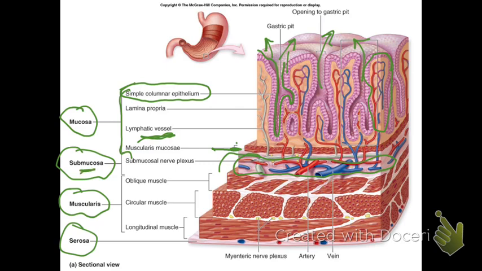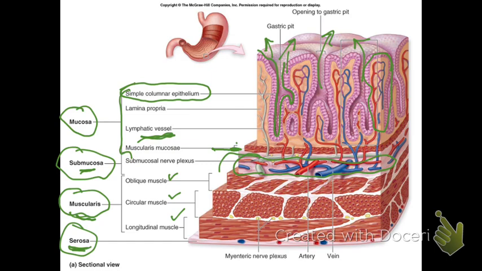So underneath the mucosa, there's a submucosa, where you have blood vessels and some nerves. Then you have the muscularis. In the case of the stomach, again, there are 3 layers: the oblique, the circular, and the longitudinal. And then finally, on the outside of the stomach, the layer is called the serosa.